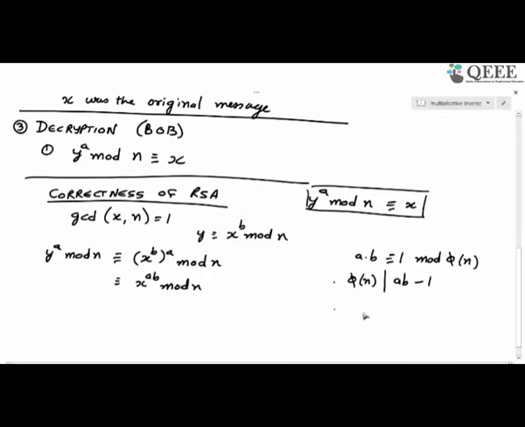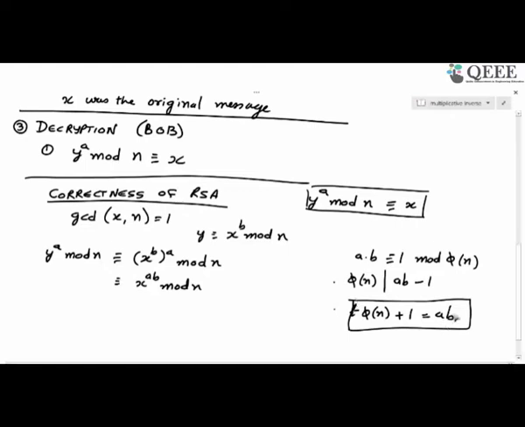Similarly, we can say that for some constant t, t into phi of n plus 1 is equal to AB. This is from our initial properties of modular arithmetic that we have seen earlier today.